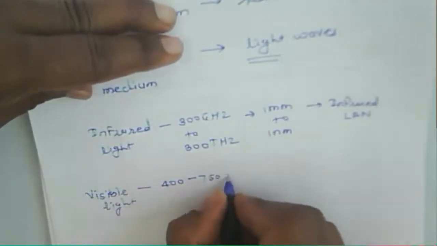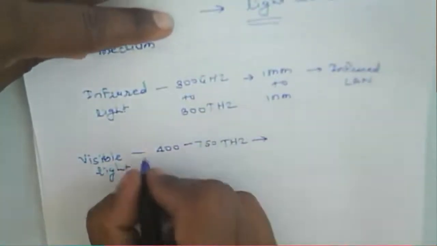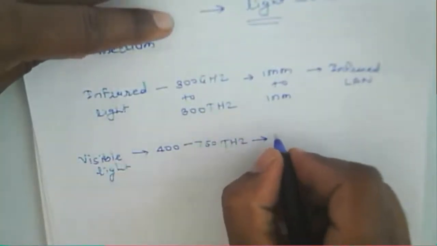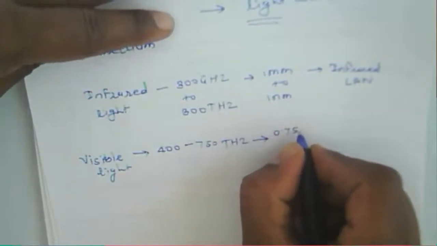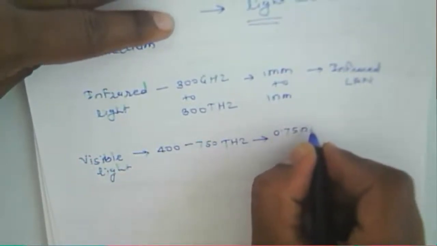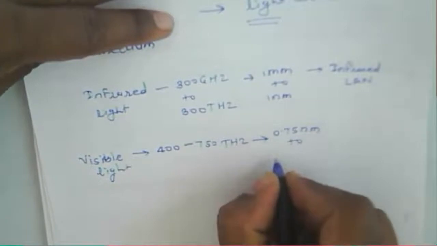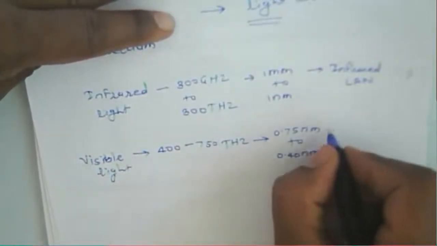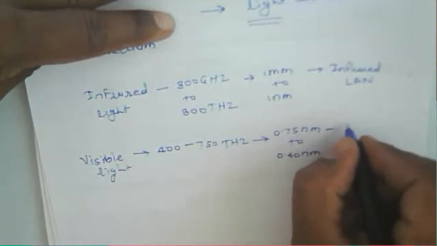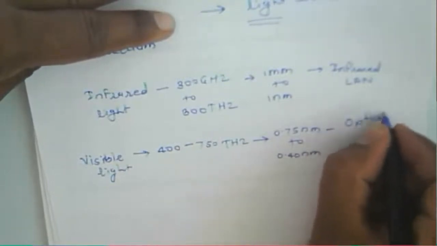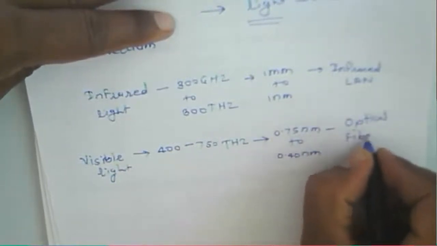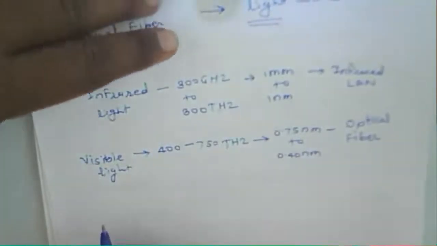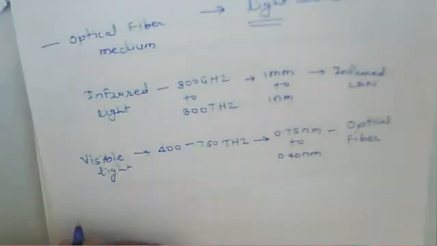But in the case of visible light, the frequency is about 400 to 750 terahertz, and the wavelength is about 0.75 nanometer to 0.40 nanometer. And this is nothing but your optical fiber work.